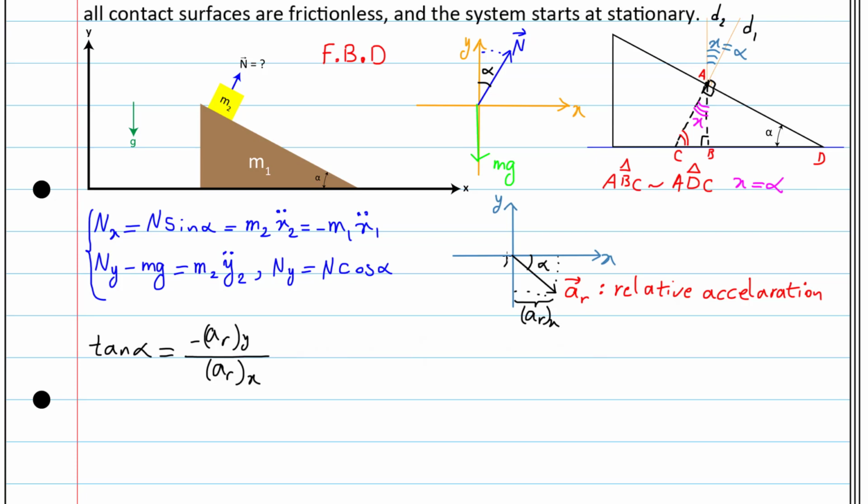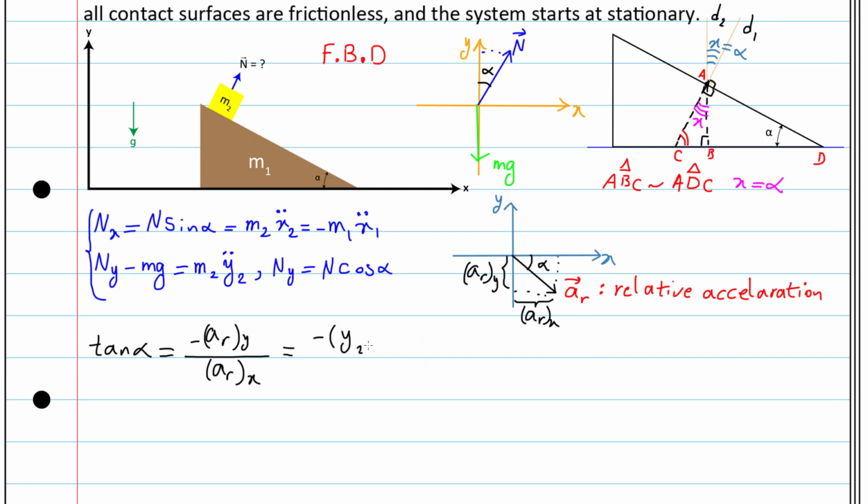The minus sign is because ARY is downward and we want tangent alpha to be positive.